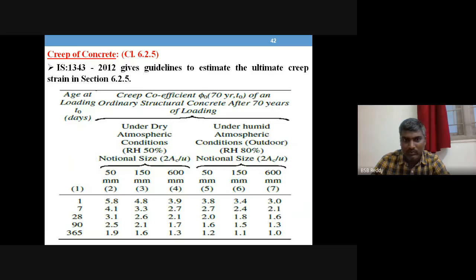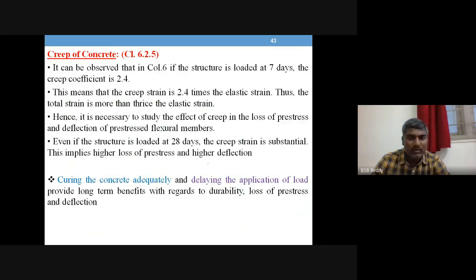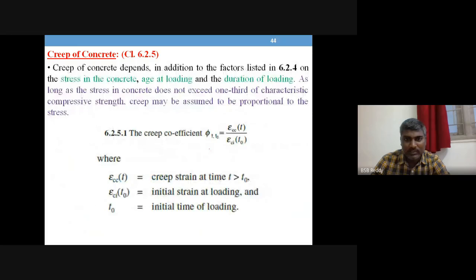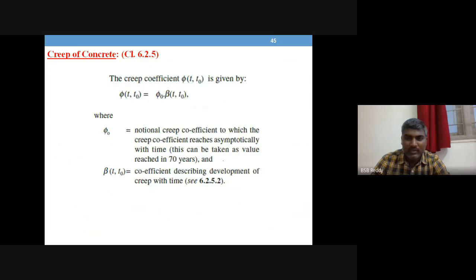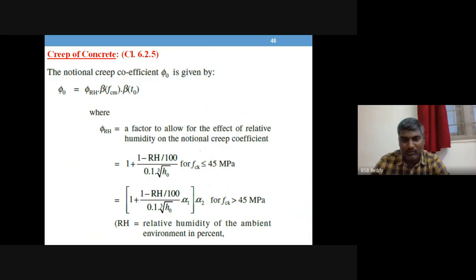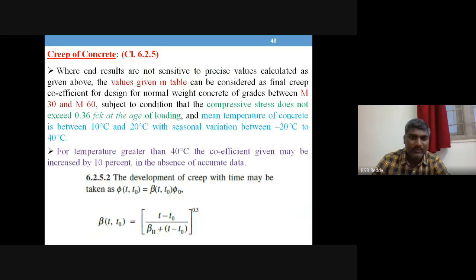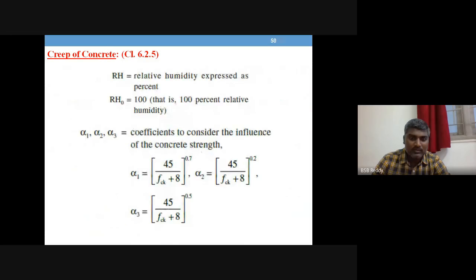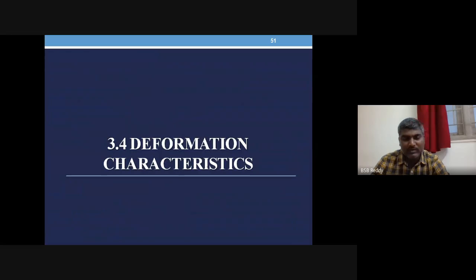How to read a value from the table, or how you calculate the creep coefficient with the different formulas, with time or final values, all that. Okay, so this is the detailed calculation for creep coefficient value and creep loss.